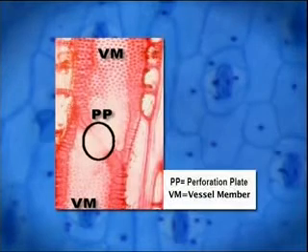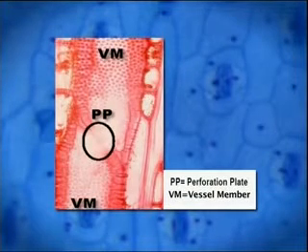The vessel members are usually perforated on their end walls, but sometimes the perforations are formed on the side walls. Those parts of the cell wall that bear perforations are called perforation plates.